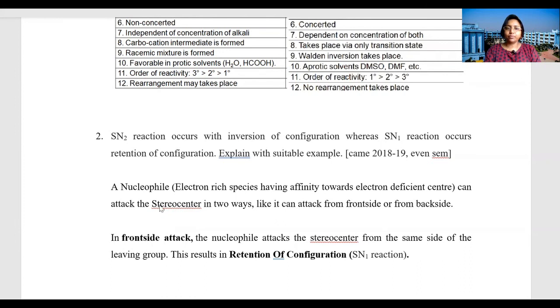A nucleophile, an electron-rich species having affinity towards an electron-deficient center, can attack the stereo center in two ways: from the front side or from the back side. In front side attack, the nucleophile attacks the stereo center from the same side as the leaving group. The result is retention of configuration, which takes place in SN1.